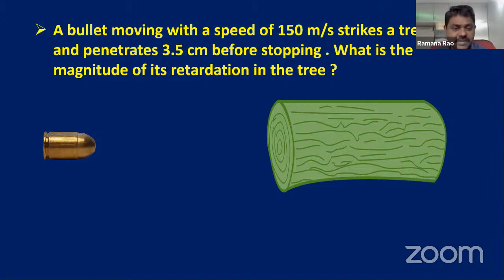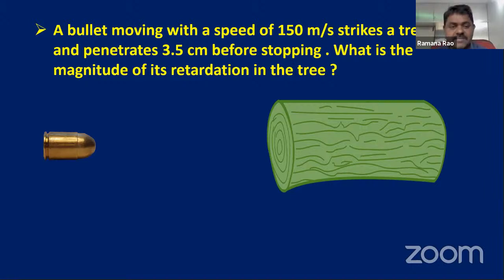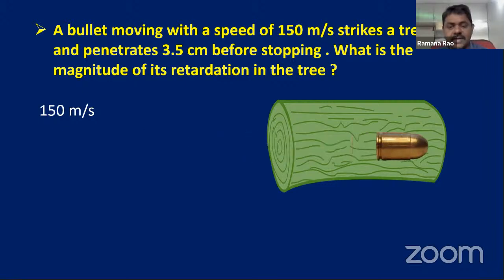The bullet is moving with 150 meter per second until it reaches the wooden log. After reaching the wooden log, it is stopping after a distance of 3.5 centimeters.